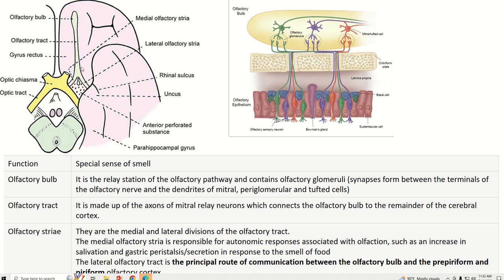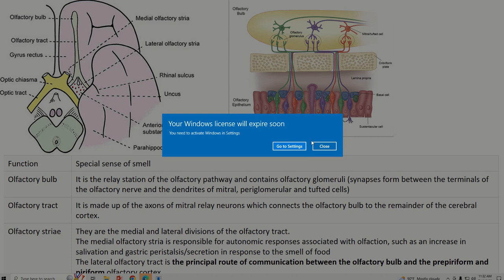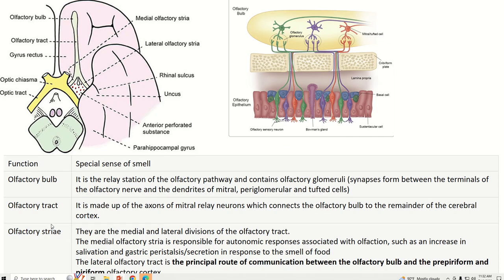This is the olfactory tract, and it is formed by the axons of the mitral neurons, which connect the olfactory bulb to the olfactory cortex. Olfactory stria: this is the medial olfactory stria, this is the lateral olfactory stria, and sometimes there is an intermediate stria.